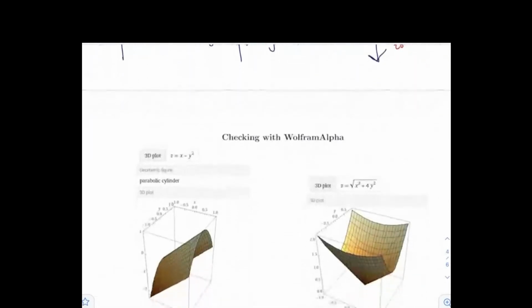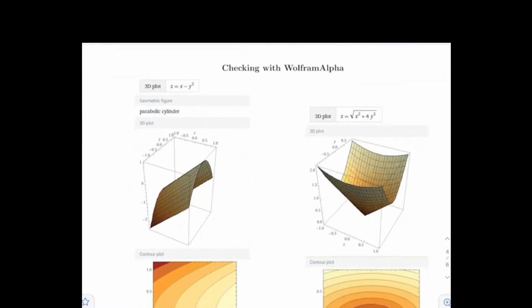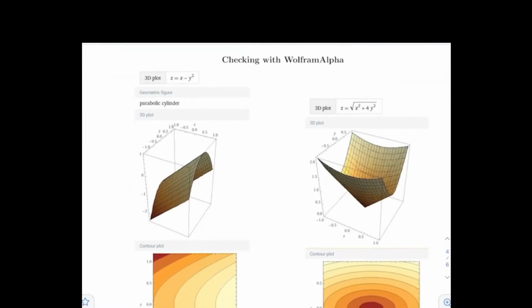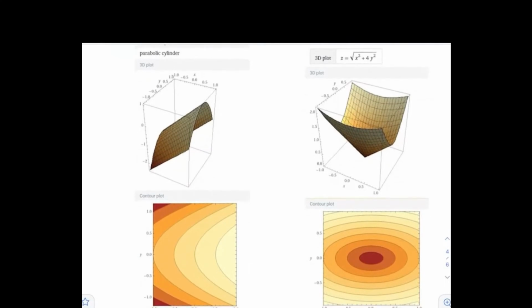Okay, so here are the first two examples. If I go to Wolfram Alpha and just plug it in to the best of my ability, my equation would be something like z is equal to (x minus y)^2. Wolfram Alpha is pretty good about trying to guess what it is that you're trying to punch in, so don't worry about syntax too much, okay? But here what you see is that they color code their contour maps.